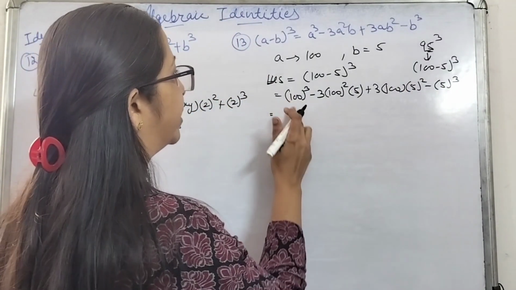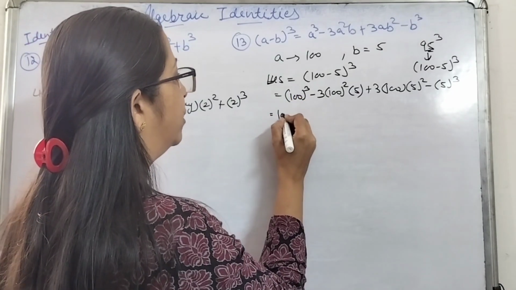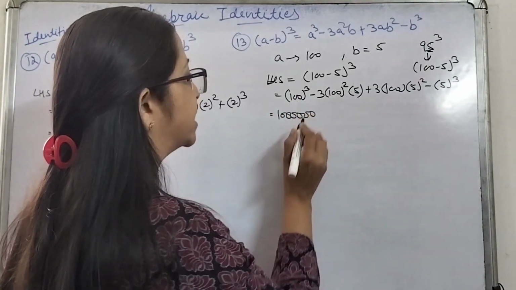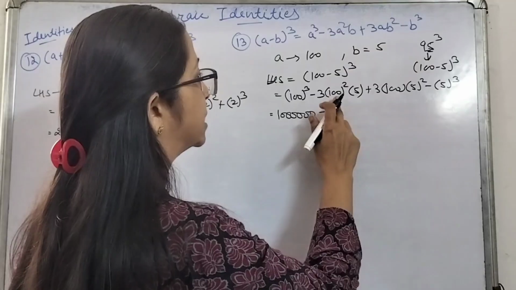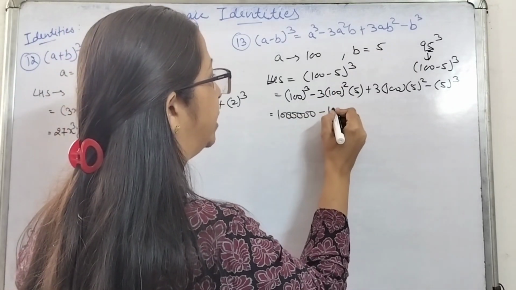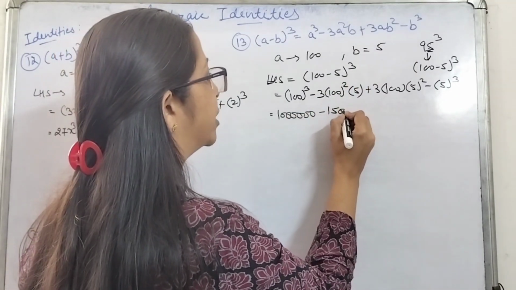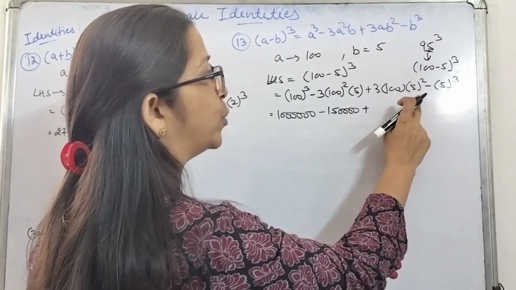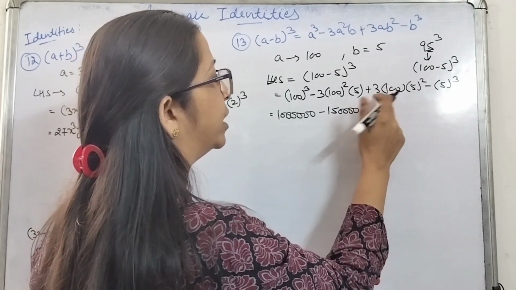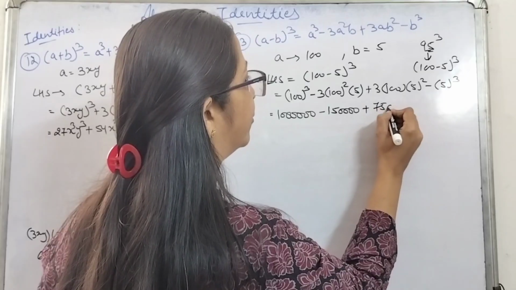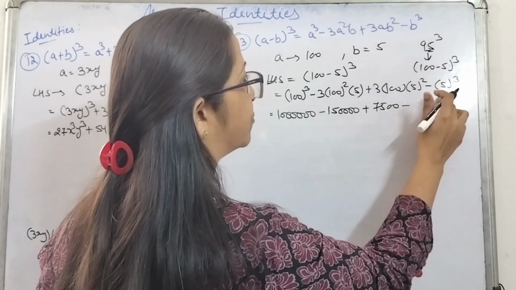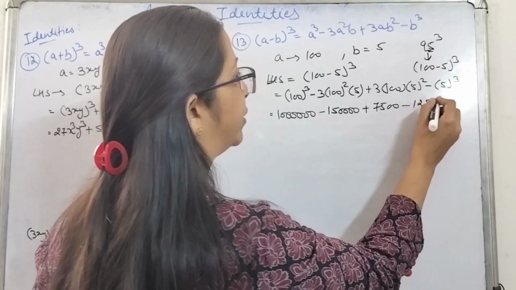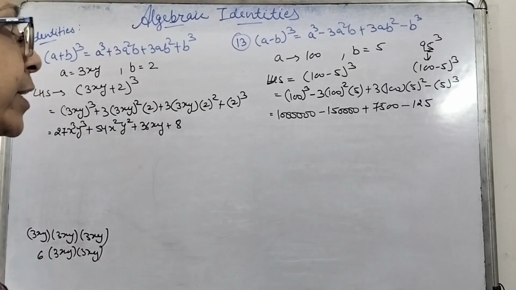Now solving it, 100 into 100 into 100, it will be 6 zeros. Minus 5 3s are 15 and 100 square means 4 zeros will come. Now plus 5 5s are 25. 25 into 3 is 75, 100. Minus 5 cube is 5 into 5 into 5, that is your 125.